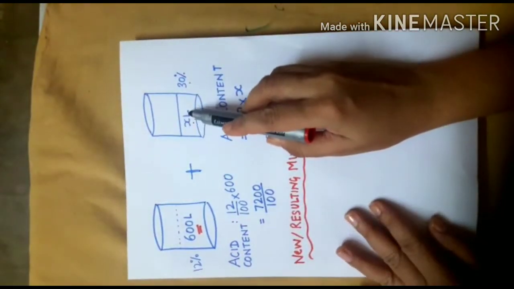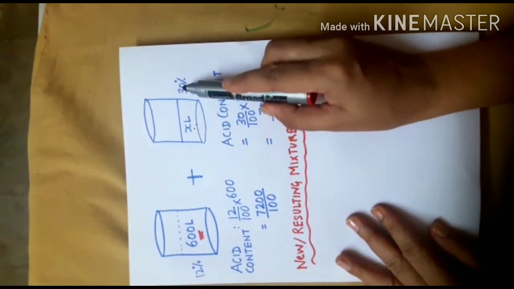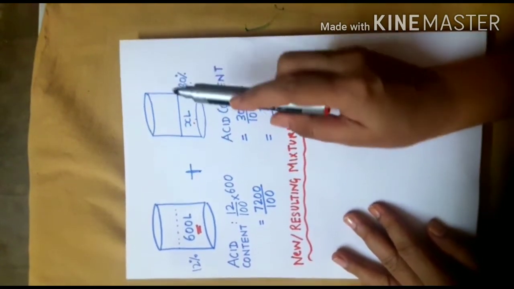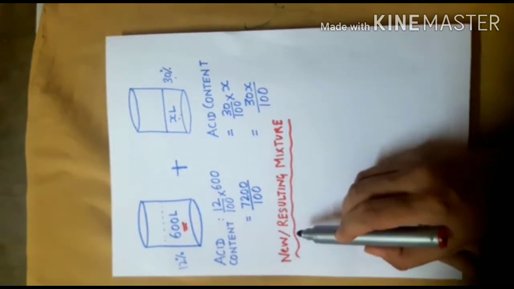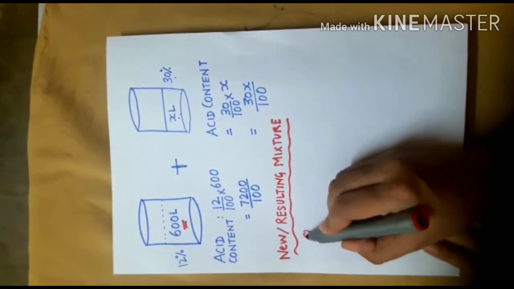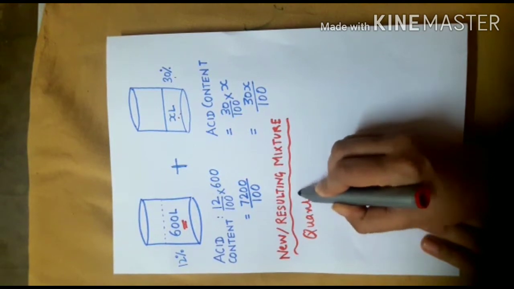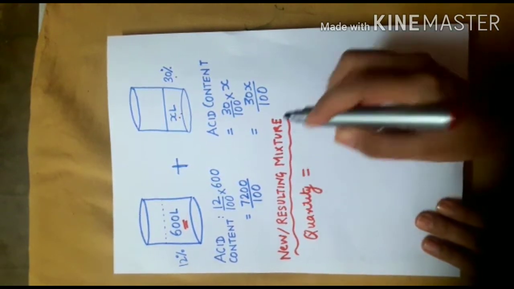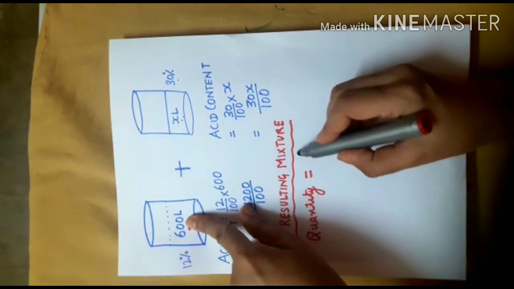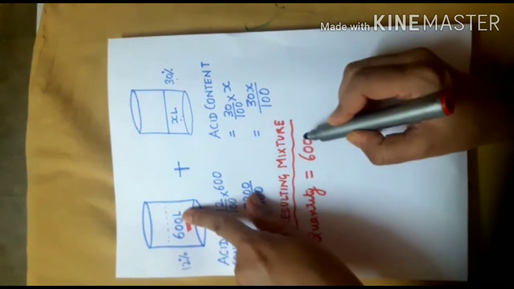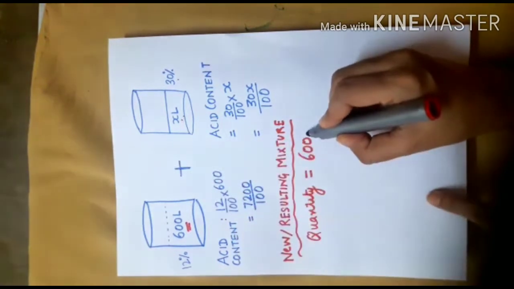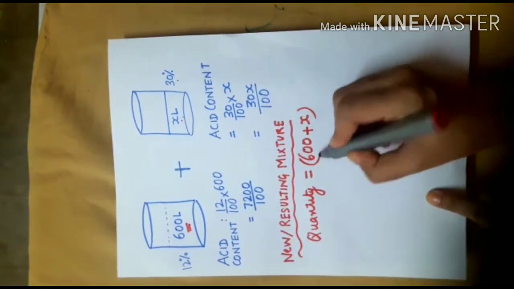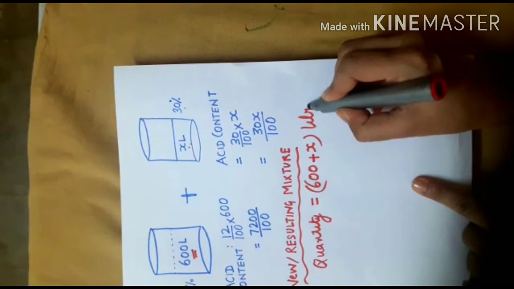When X liters of 30% acid solution is added, then in the resulting mixture, originally it was 600, to it we have added X liters more. So total quantity will be 600 plus X liters.